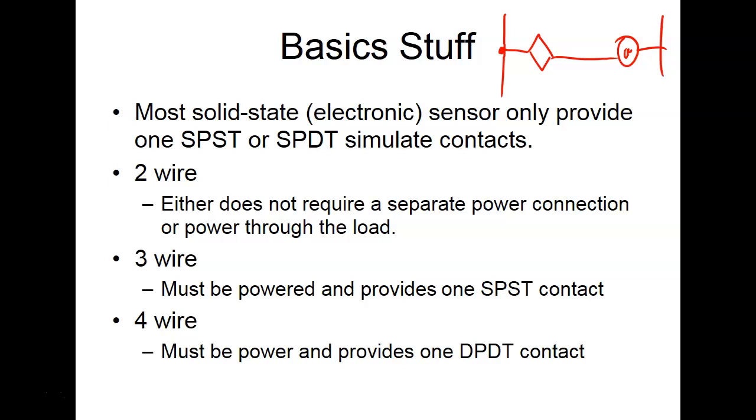Now, if it's coming into a PLC, programmable logic controller, you can put as many contacts on that as you want to, because the input only requires a very, very small current. But in motor controls, if I have a solid state sensor, I would usually have it drive one load and let that one load be a control relay, and then get the contacts that I need off the control relay.